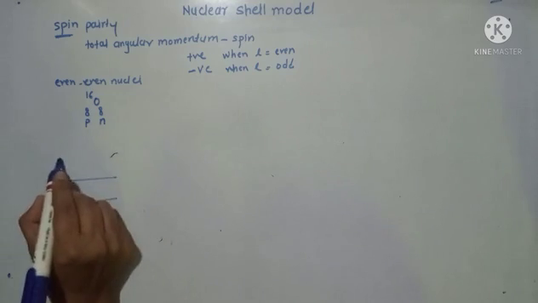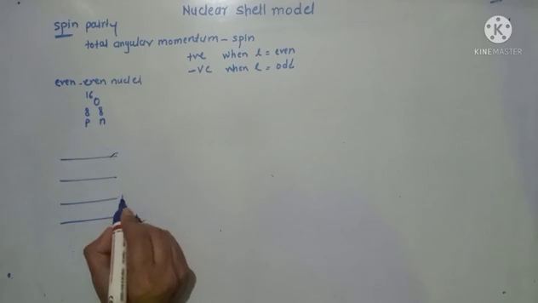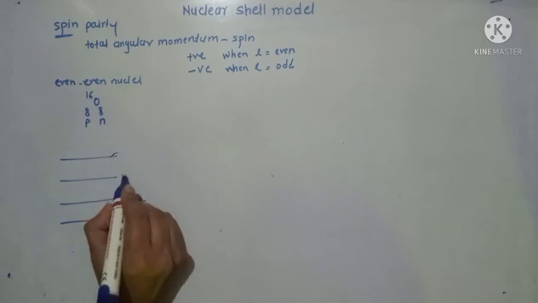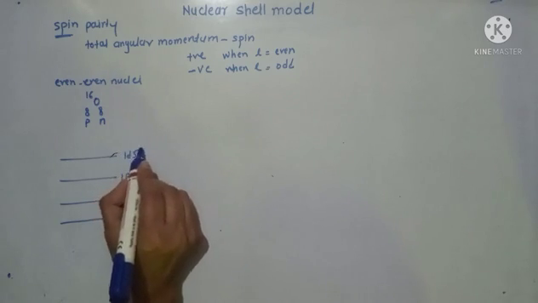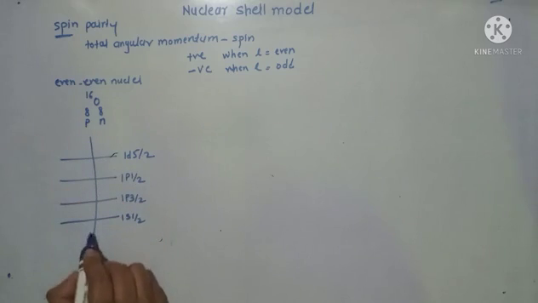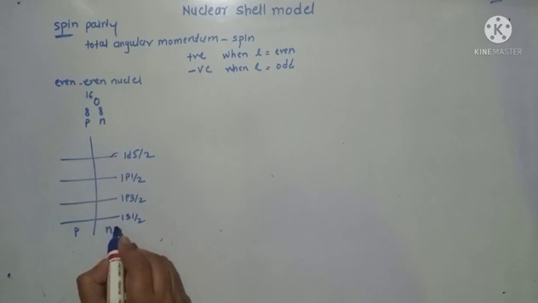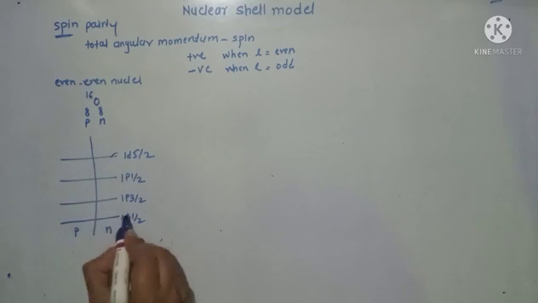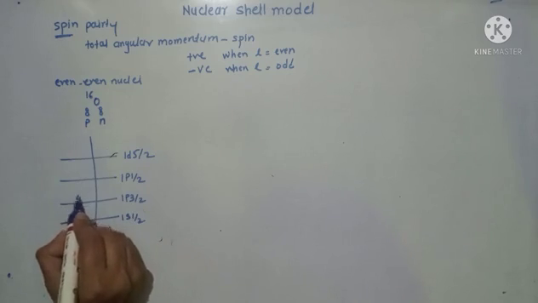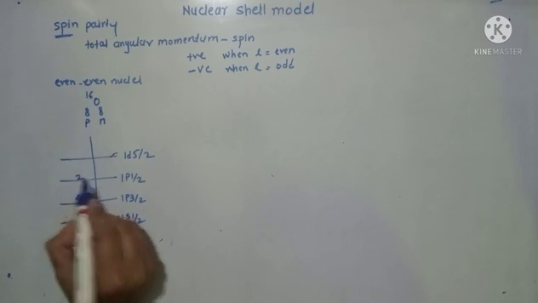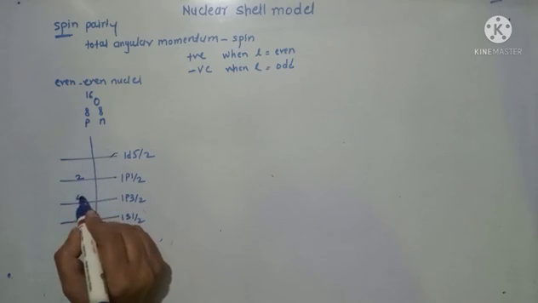We already know how to draw this energy level diagram. First is 1s 1/2, 1p 3/2, 1p 1/2, then 1d 5/2. On the left hand side it's proton, right hand side it's neutron. So 8 protons are there. The s orbit will consist of 2 protons, then 4, then 2. So 8 protons are filled.